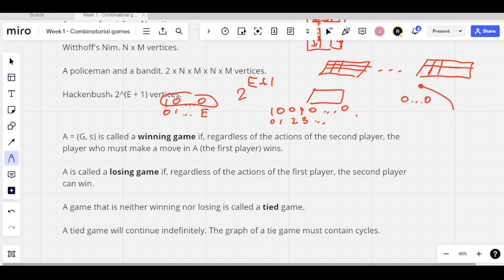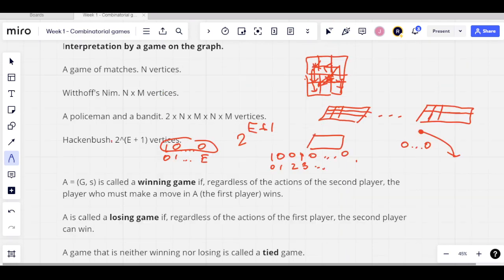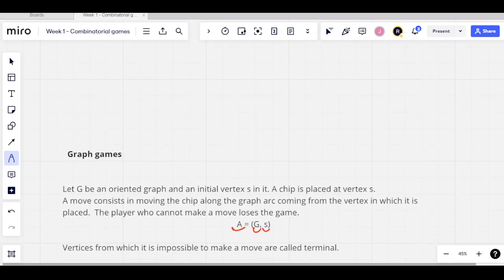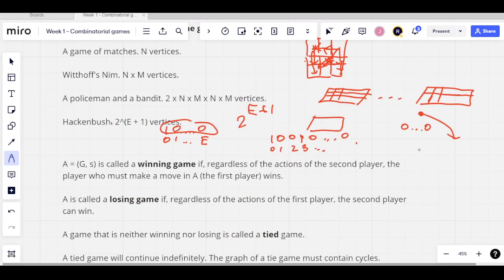We have an edge to 5, 6. We have an edge to the state null, 1, 1, 1, null, and null.